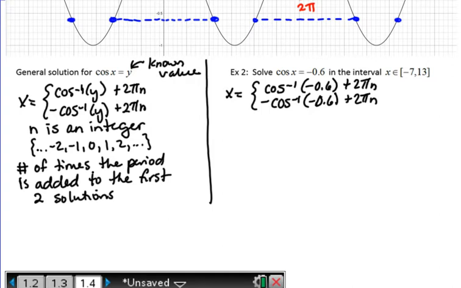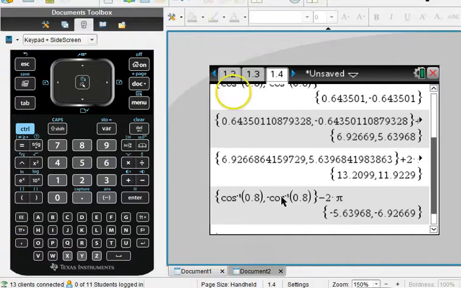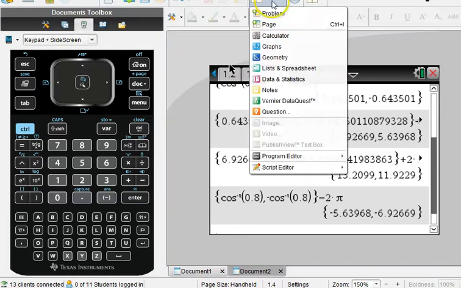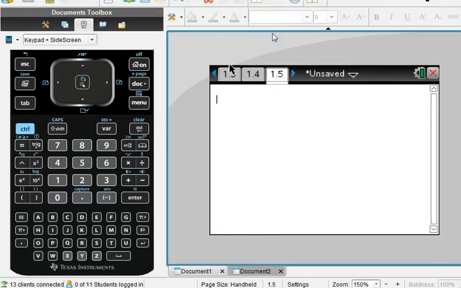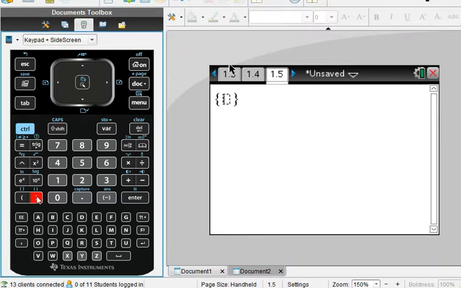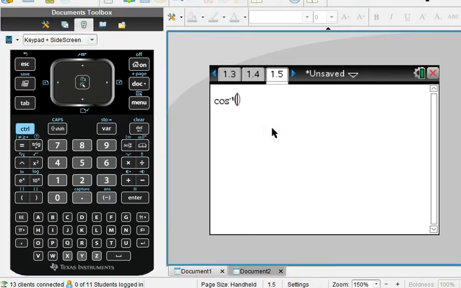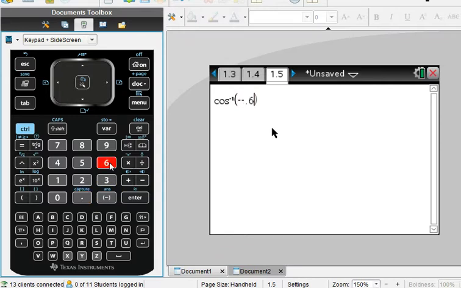So I'm going to go ahead and write the actual numeric values for that. So on my calculator, I am going to open another page here and do inverse cosine. So once again, open the curly brackets and do inverse cosine of negative 0.6. Got too many negative signs in there, so let me back it up a little bit. Okay, negative 0.6.